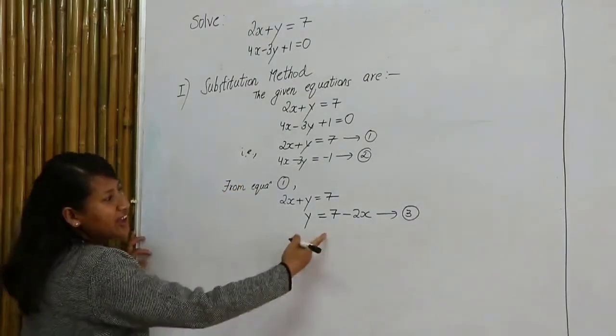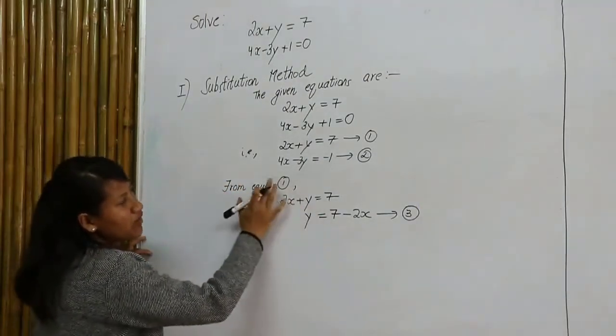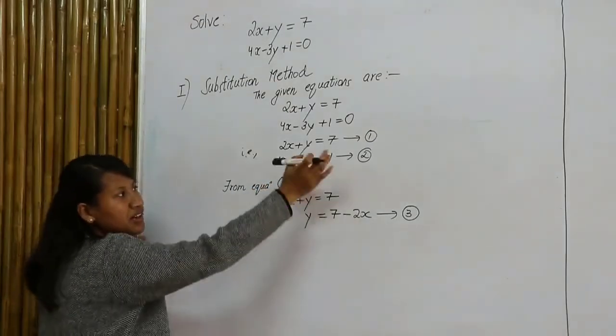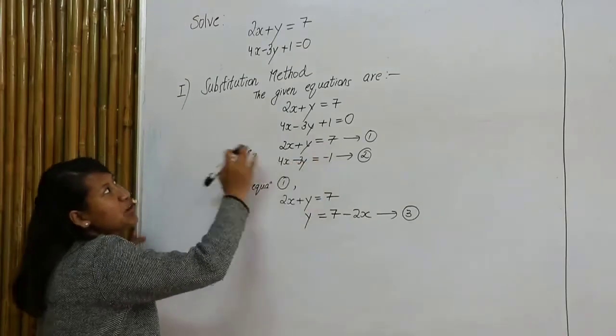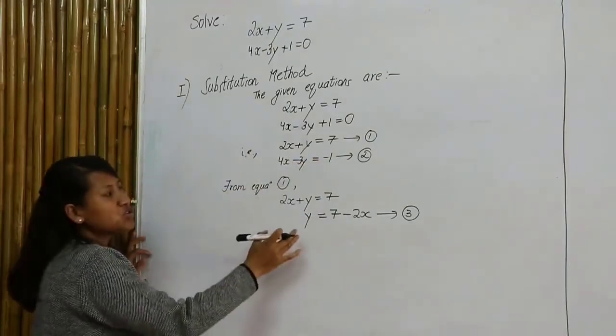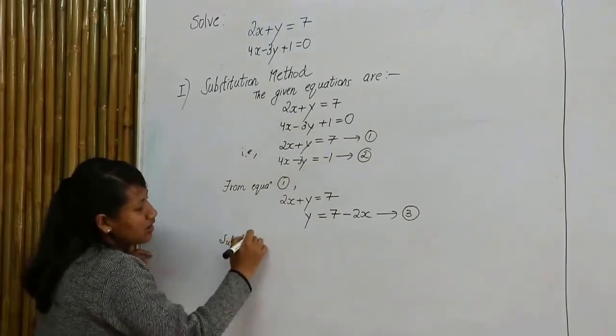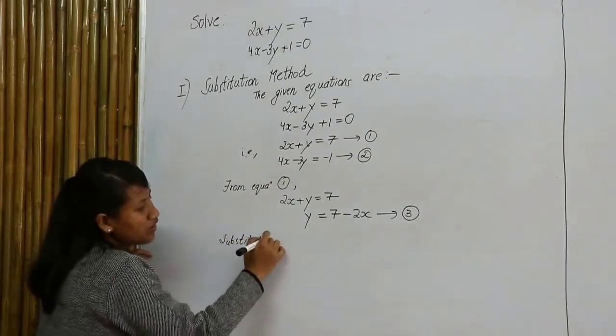We have taken this from equation 1. Then whatever we get, you put in equation 2. That's why they call it substitution, meaning you substitute, or you can write putting also.